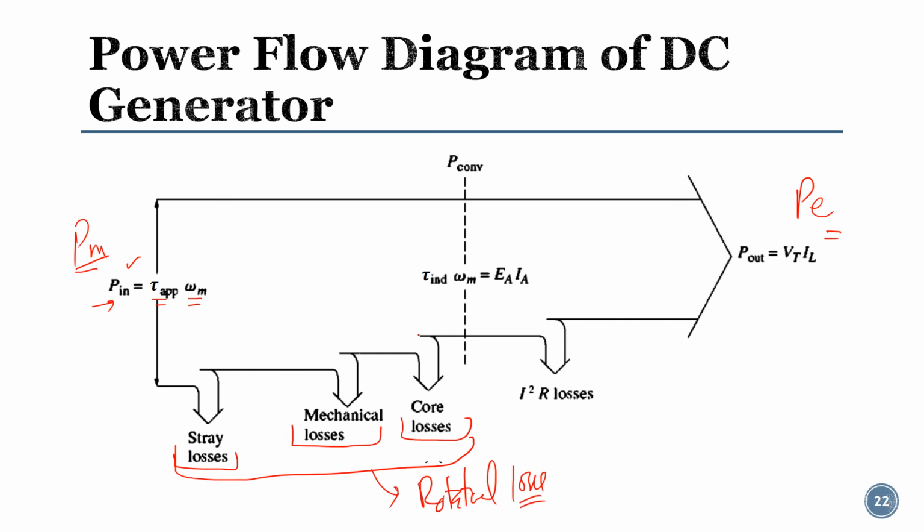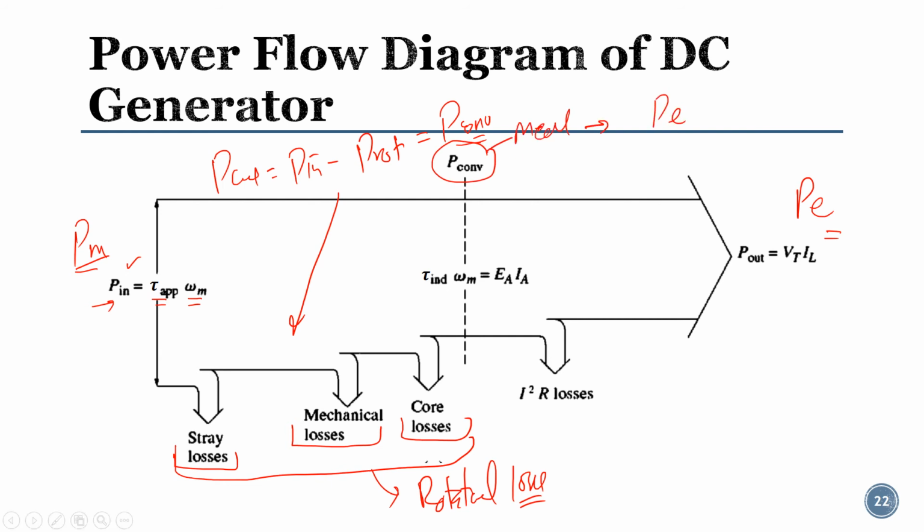Subtracting the rotational losses from the input power gives us the power converted, which is the actual mechanical power that will be converted to electrical power.